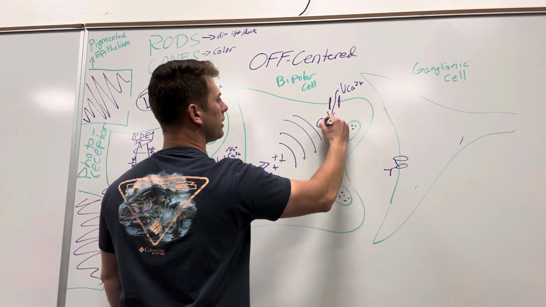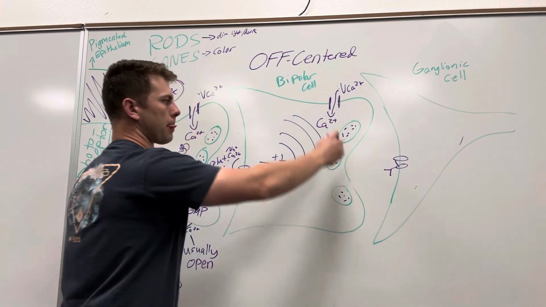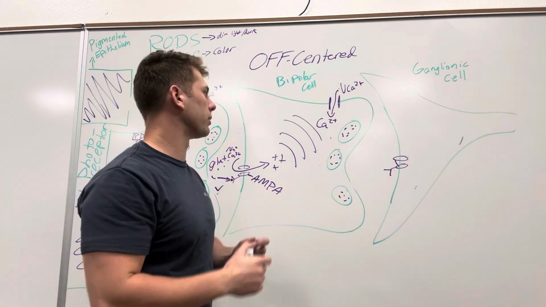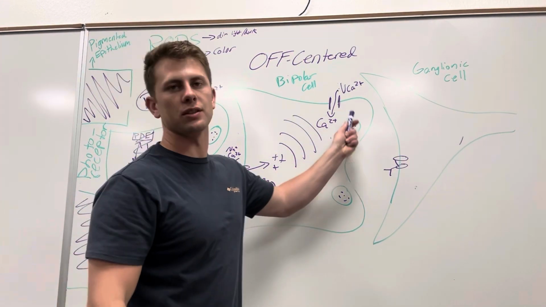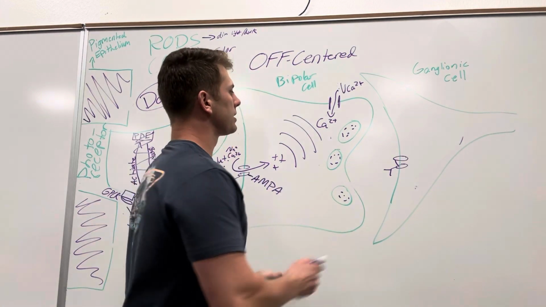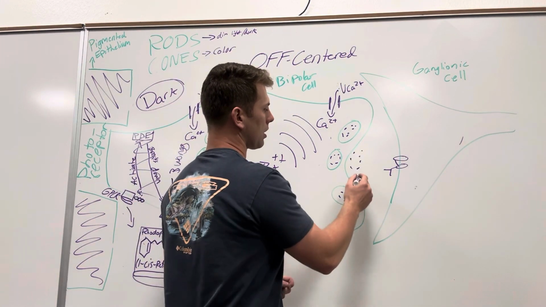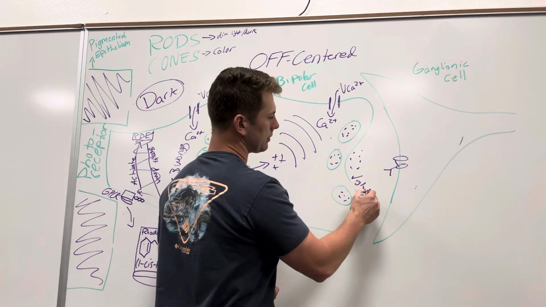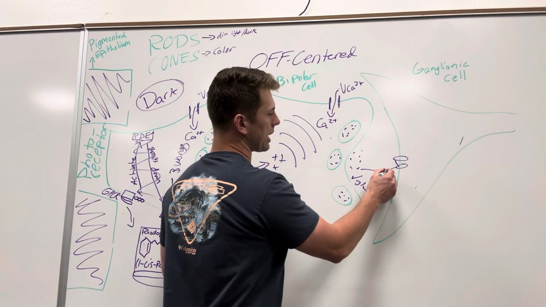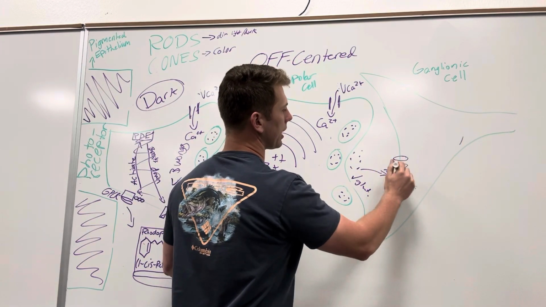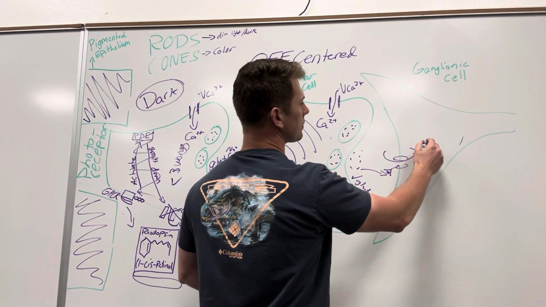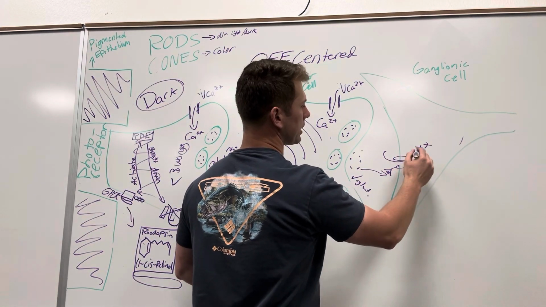Calcium will flow in. Work on those SNARE proteins like it usually does. Helps the vesicles fuse to the membranes. Releases this neurotransmitter. Check, glutamate. Will bind to this AMPA. Open this gate. Positive charges, right? It's an arrow.